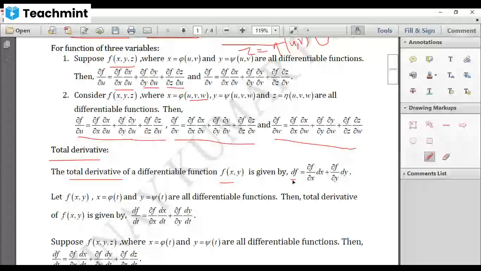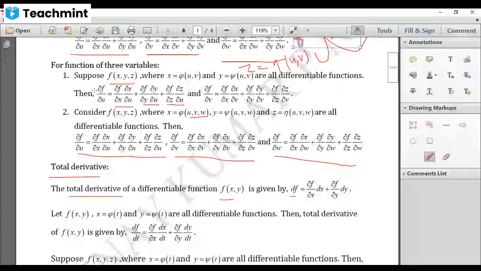So df, that is total derivative, not partial, is equal to differentiate f with respect to x into dx plus differentiate f with respect to y into dy. That gives you the total derivative, the total differential, of the function f(x,y).